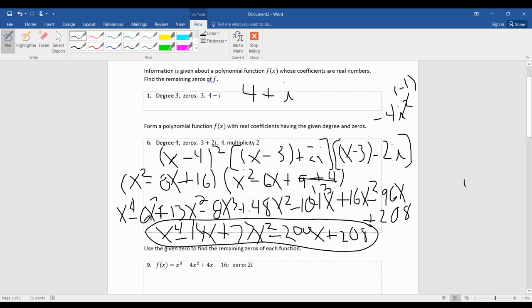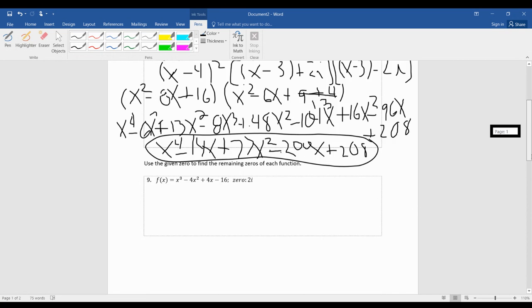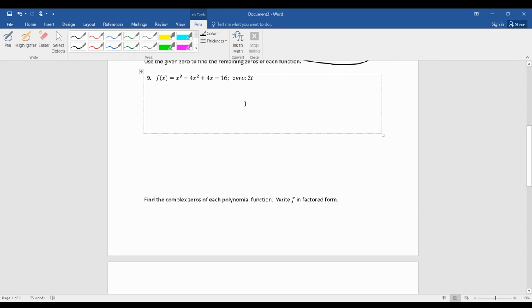The last one here, let's go back to looking at number 9 here then. So use the given zeros to find the remaining zeros of each function. Well, it is a cubic, so we know we have 3 zeros. One of them is 2i, so another one is negative 2i, because imaginary numbers travel in pairs.